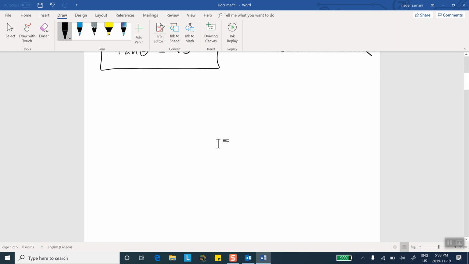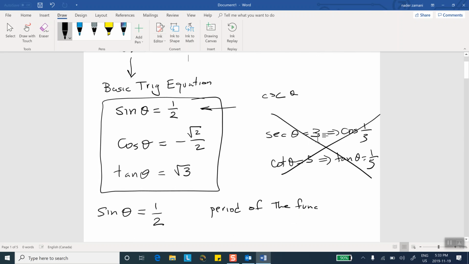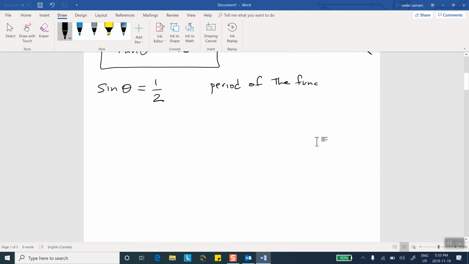So let me start with sine of theta equal to 1/2. The first thing that you realize is that the period of the function sine is 2 pi.